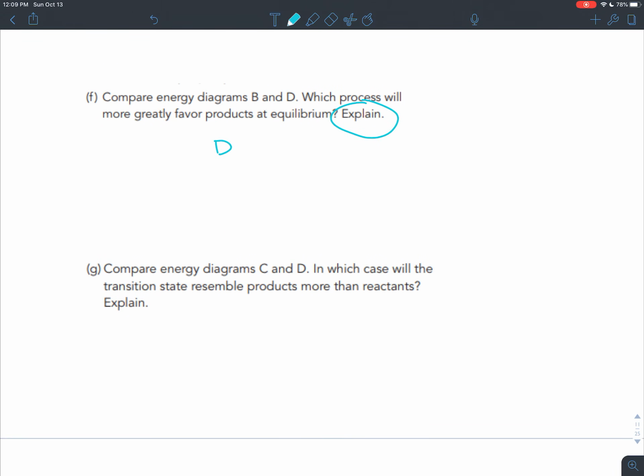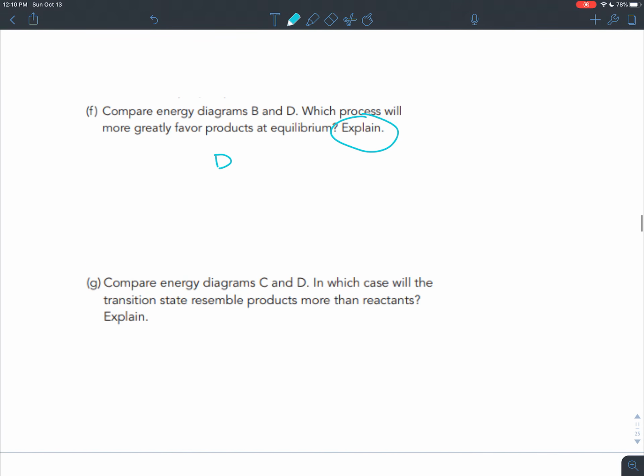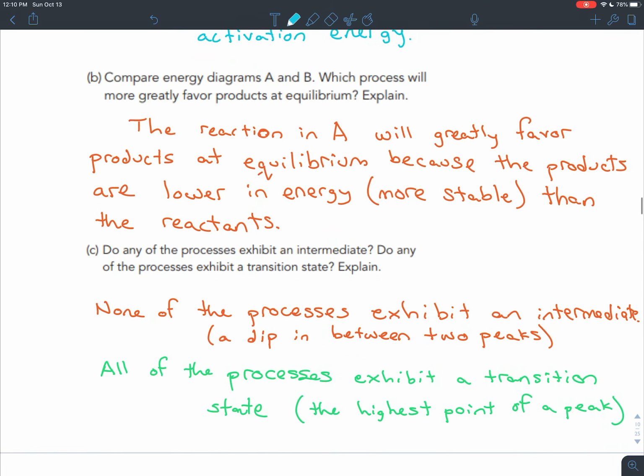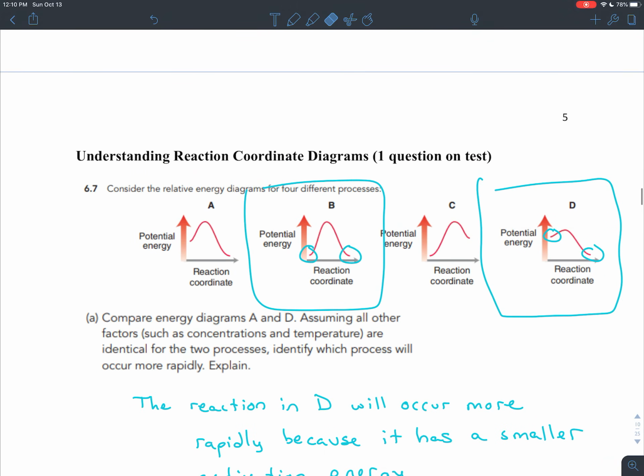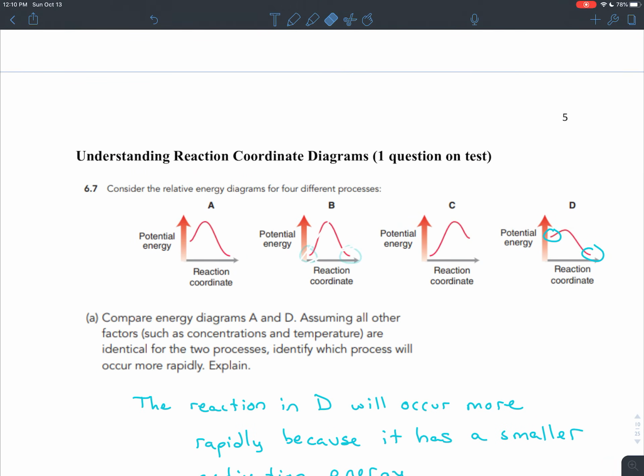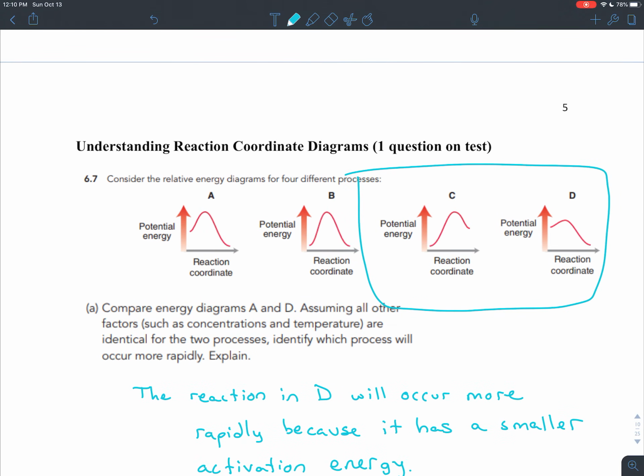And last, for G, it says compare energy diagrams C and D, in which case will the transition state resemble products more than reactants. So we're looking at C and D, and we want to know in which case will the transition state resemble products more than reactants. Well, in C, the transition state will resemble whatever it's closer to in energy, and that's products.